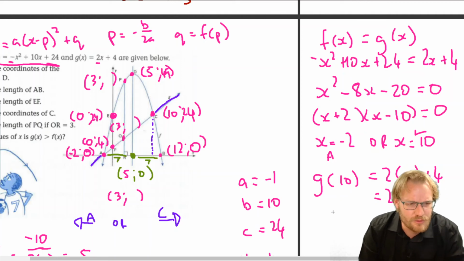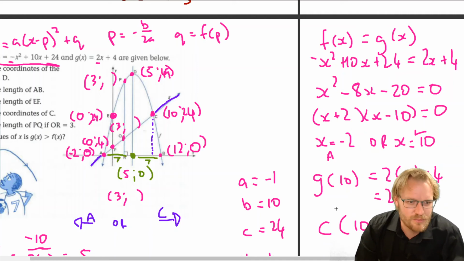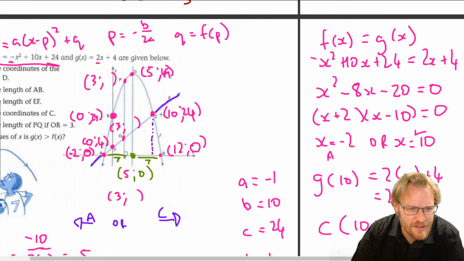So therefore, we know that our point, which is C, is (10, 24). I'm really looking at this, and I may well be missing something. That 24 has lined up directly in line with E. But we know that's 7, that must be 5.